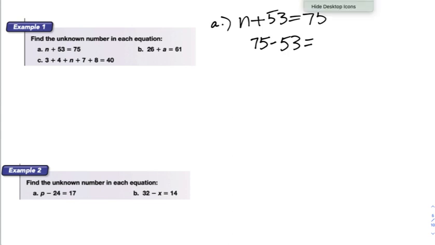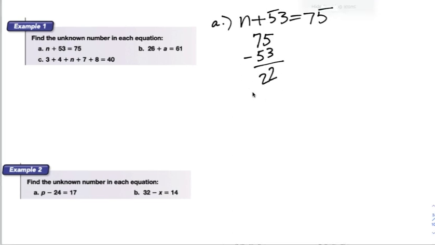So when I do that, I get the value of 22, and I now know that n is equal to 22. So the strategy that I used is to undo or do the opposite of what the operation is telling me in order to solve for the variable.